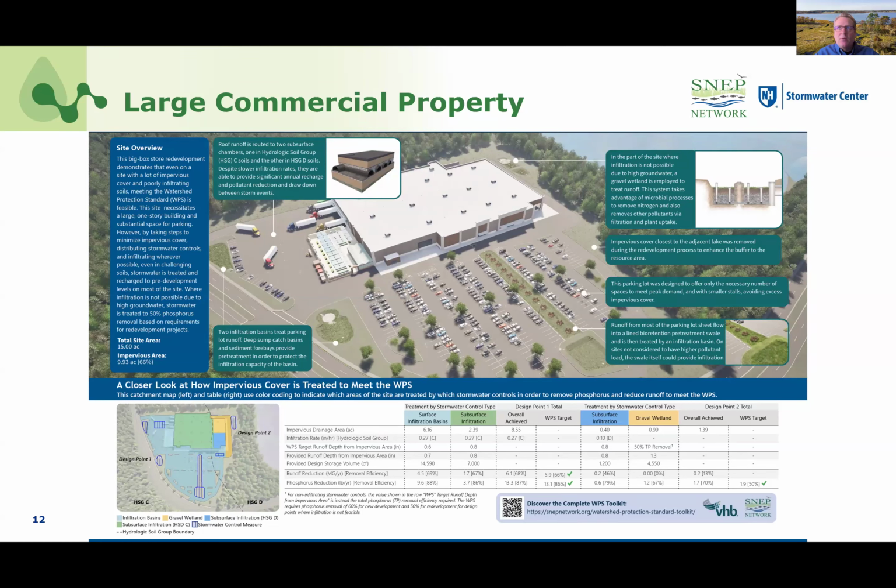As you dig into the watershed protection standard, it's all based on the amount of contributing impervious cover and the hydraulic soil group that your treatment control is situated within. In this case, this site is split by design point 1, which has a C soil, so 2.7 inch per hour infiltration rate, and design point 2, which is a D soil.